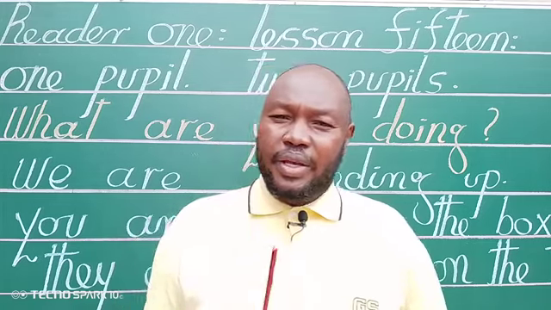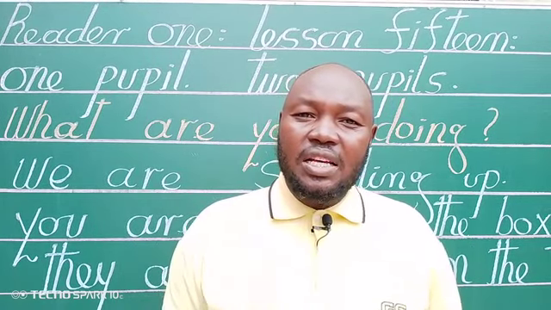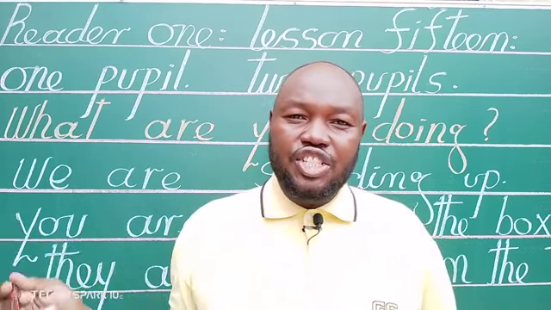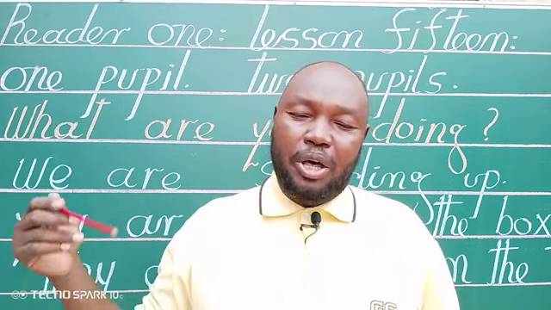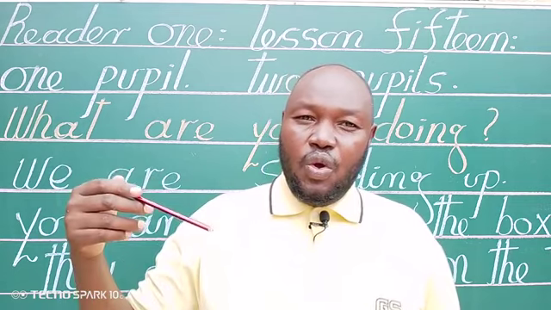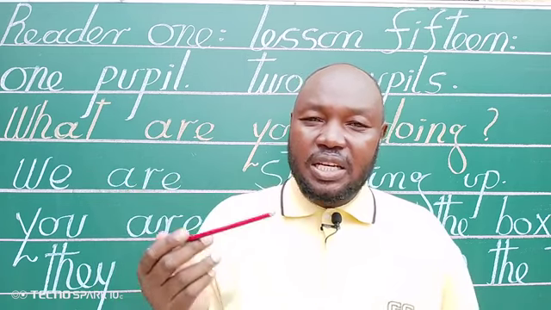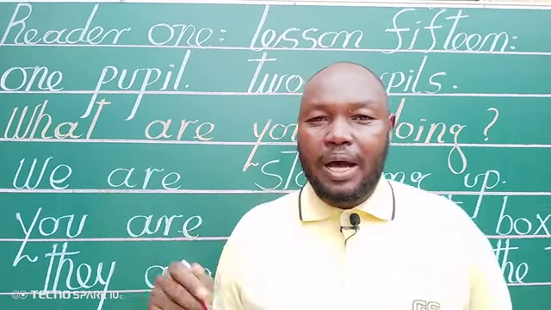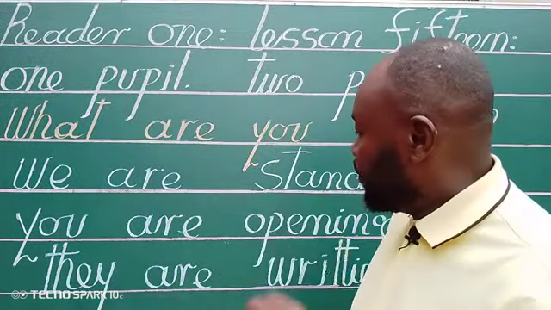We ask these questions so as to know what action you are doing at this time exactly. By this question we will know the answer. We should bring the verb expressing action so as to know what this person or this pupil does.